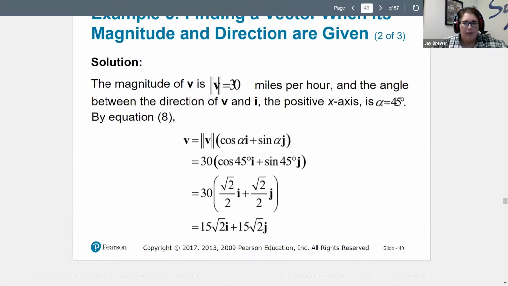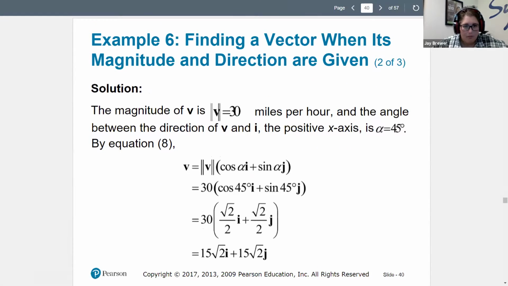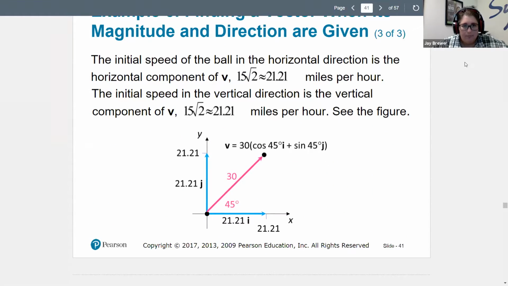So the first thing we have to do is find the magnitude. Well, the magnitude was given as 30 miles per hour. The angle between the direction v and i is 45. So then they just plugged it into the formula. And then they simplified. All right.